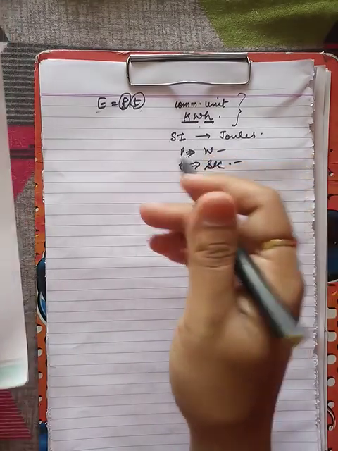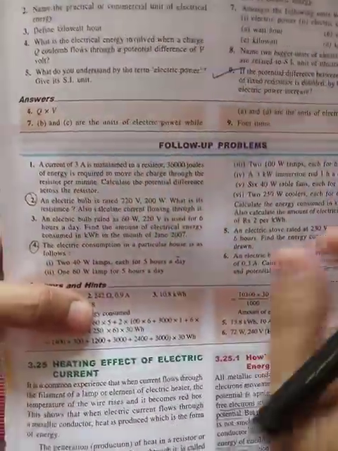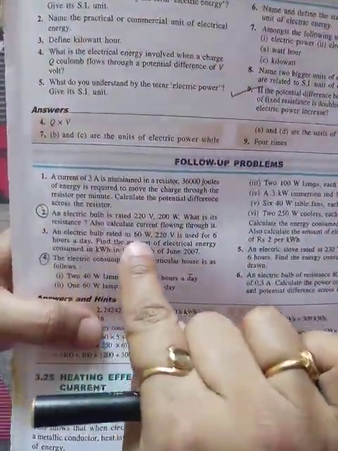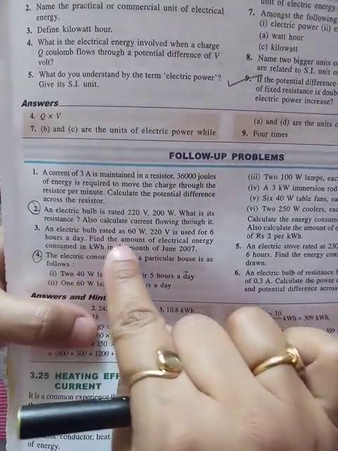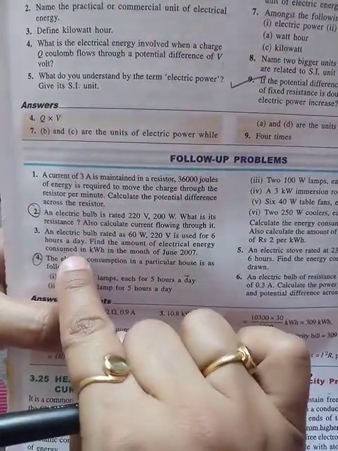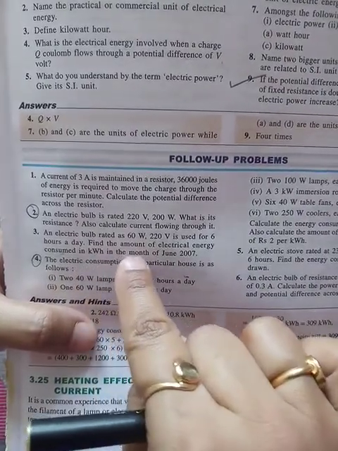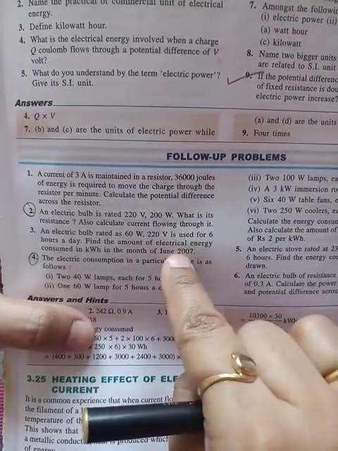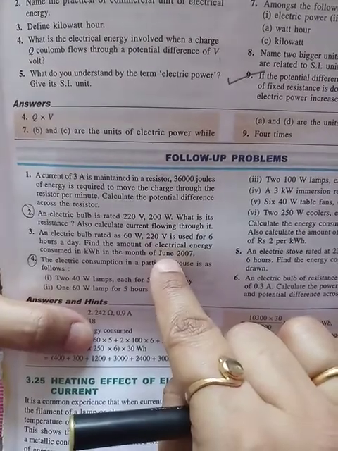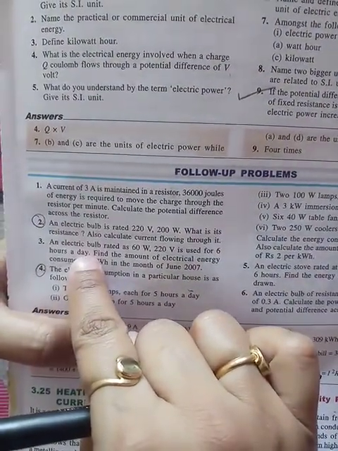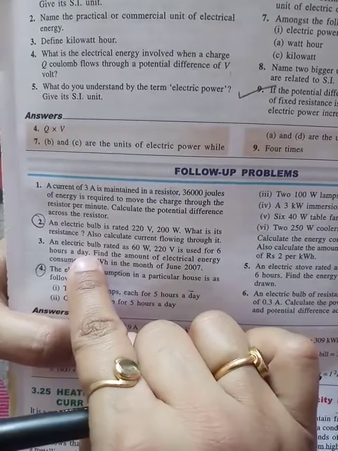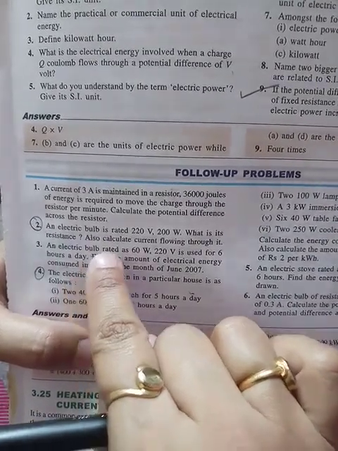Question number 3 we can see over here. An electric bulb rated as 60 watt 220 volt is used for 6 hours a day. Find the amount of electrical energy consumed in kilowatt hour in the month of June. For the month of June we have 30 days, and in a day they are giving us the data of how much they are using this electric bulb.